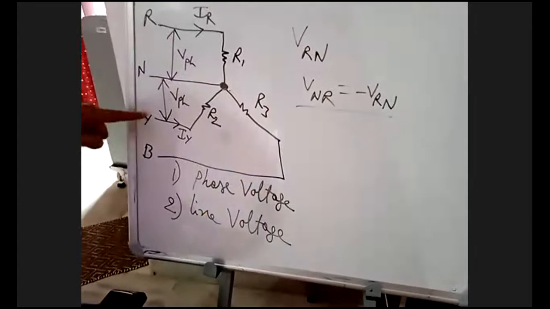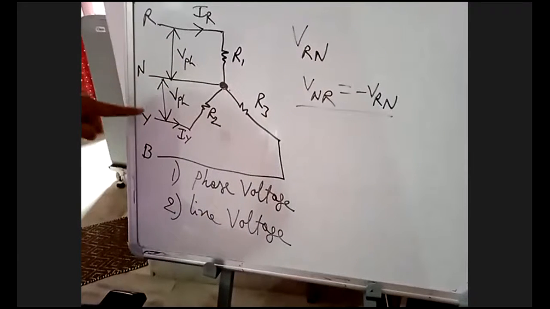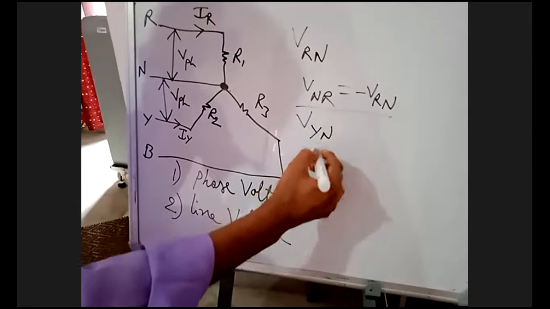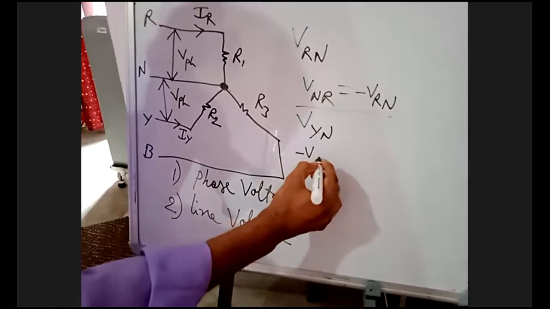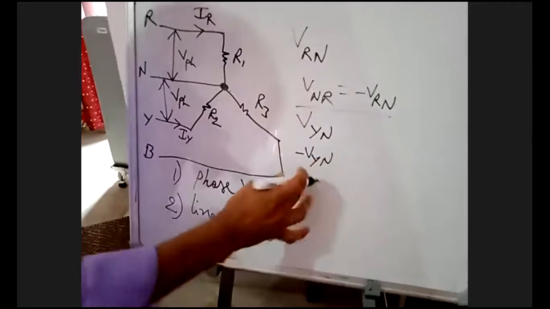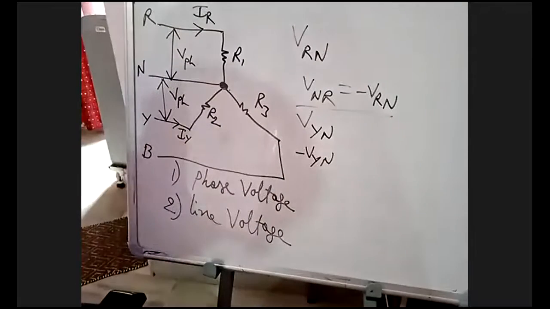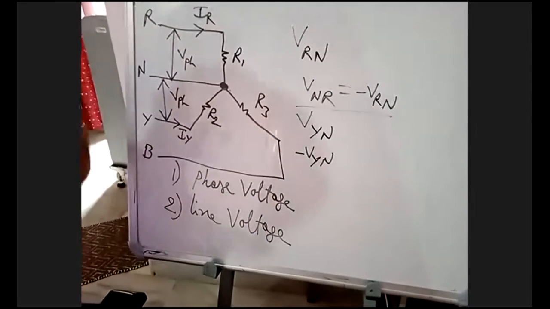Similarly, if current flows from Y to N, it is positive phase voltage, VYN. Minus VYN means current flows from neutral to phase. This is the phase voltage.